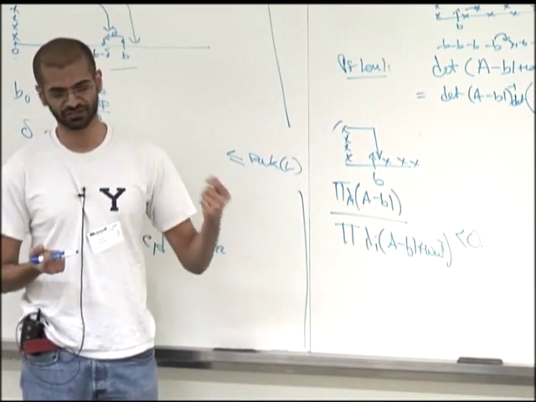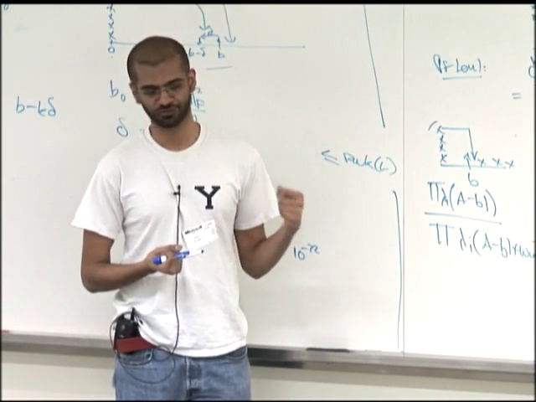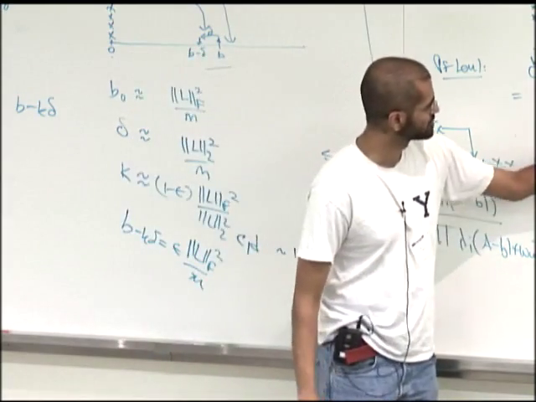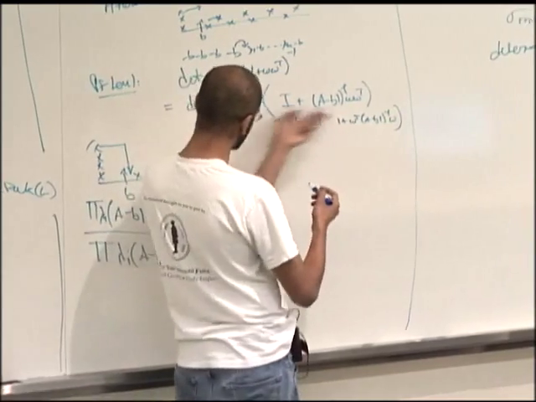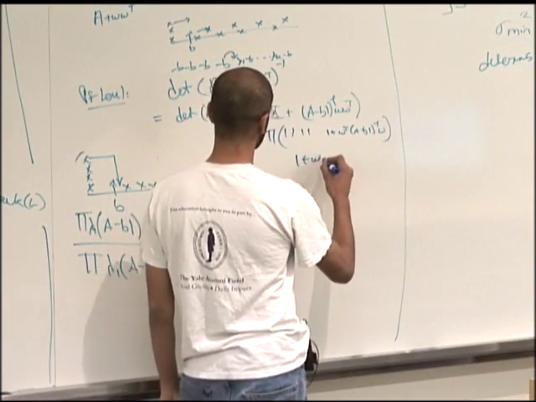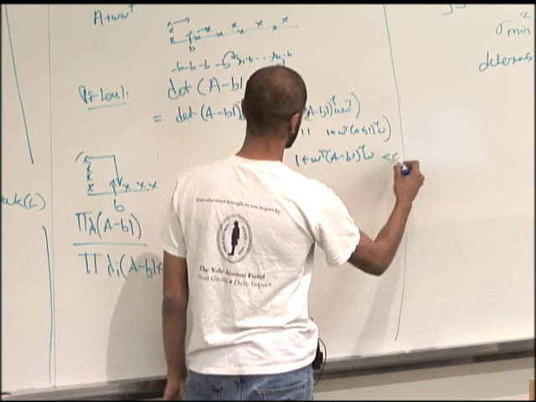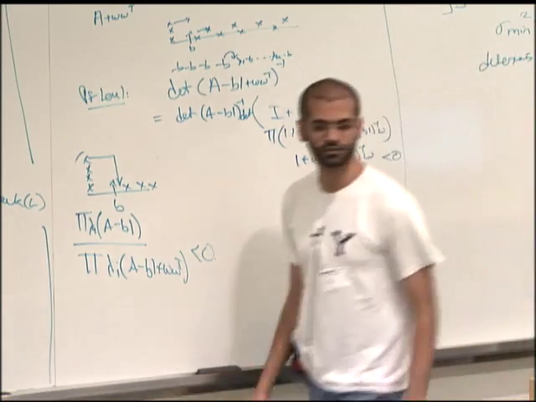If I add a good vector, that number of negative eigenvalues reduces by 1. Therefore, the product of the eigenvalues has to change sign. Therefore, this ratio, which is the determinant of this thing, has to be negative. And the determinant of this thing is literally 1 plus w transpose (A minus bI) inverse w. So this must be negative, and that's exactly what this is.